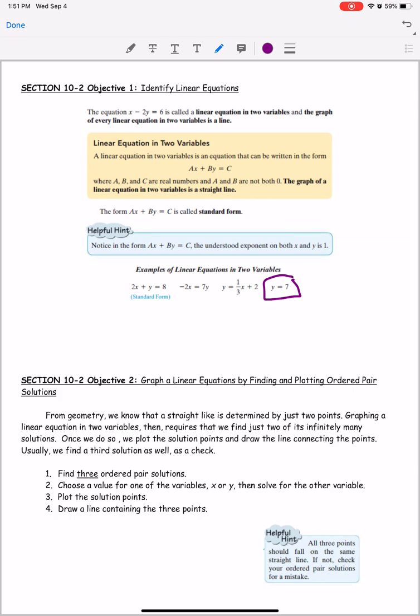Even this one here is considered linear equation as long as you have at least one. So even if you have something like x equals 5, still linear. You have x to the first power, this one y to the first power. Some non-linear examples.